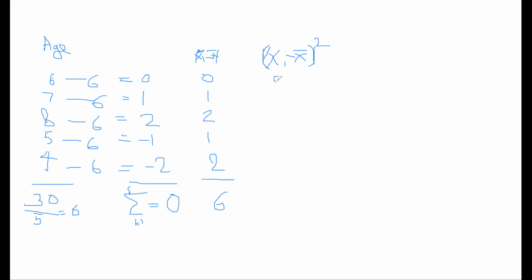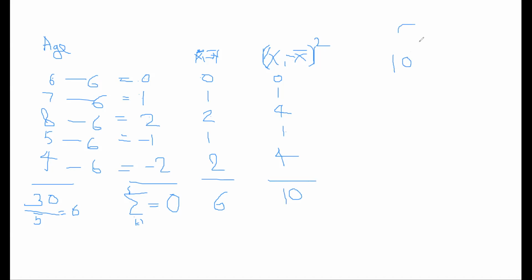So 0 square is 0, 1 square is 1, 2 square is 2 multiplied by 2, 4, minus 1 into minus 1 is plus 1, minus 2 multiplied with minus 2 becomes 4. What is the value we are getting here? 10. So this is 10.